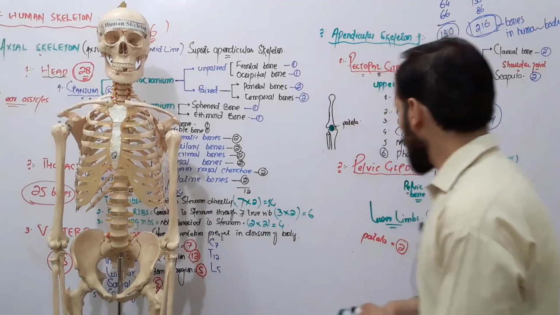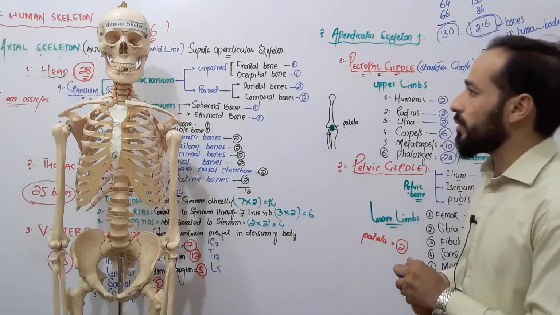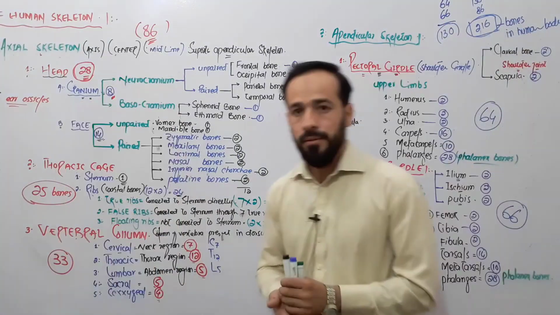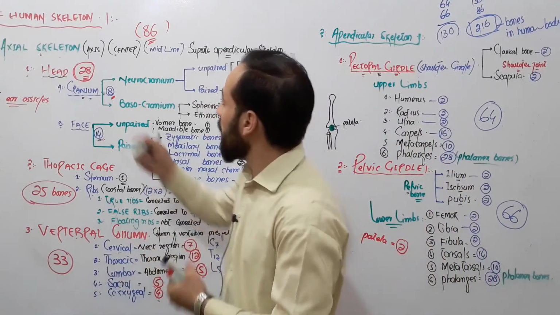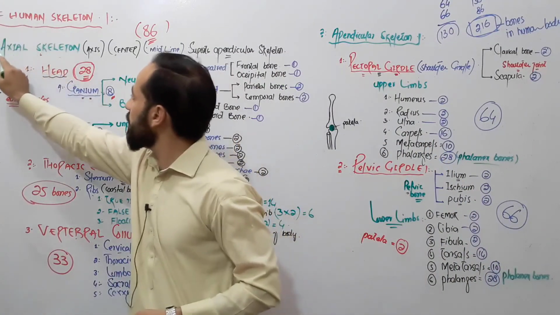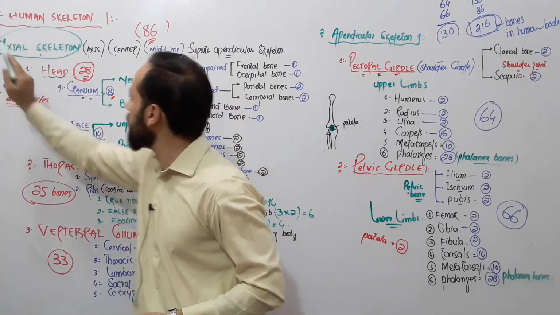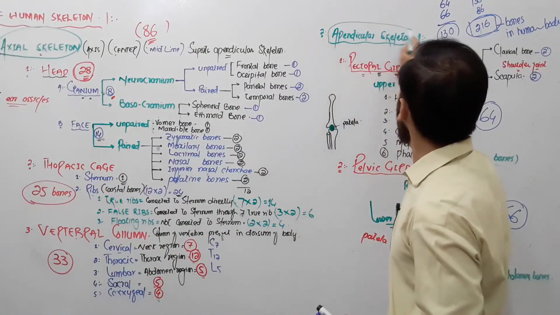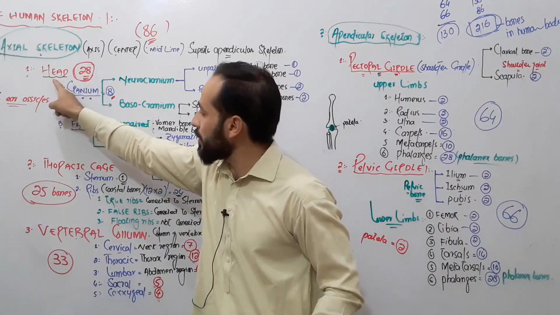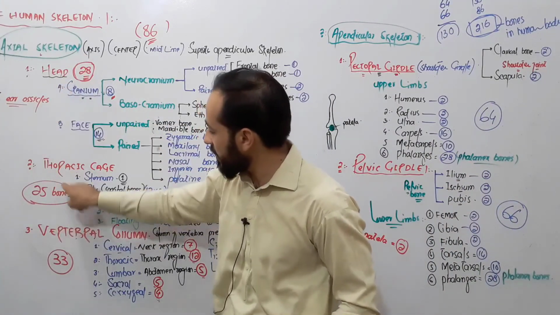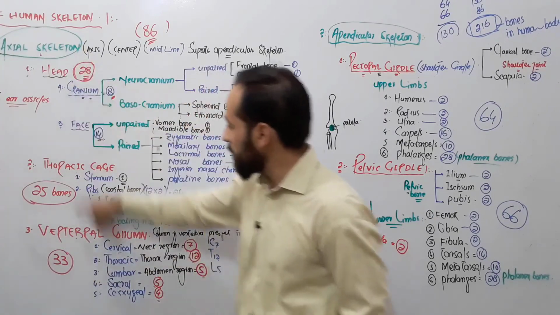Okay friends, so this was about the divisions of your human skeleton. Let us see what we have done. The human skeleton is divided into axial skeleton and appendicular skeleton. The axial skeleton is again divided into head, thoracic cage and vertebral column, these 3 parts.